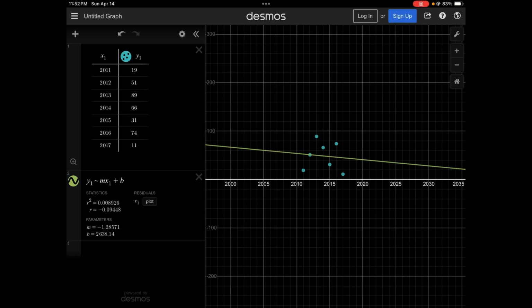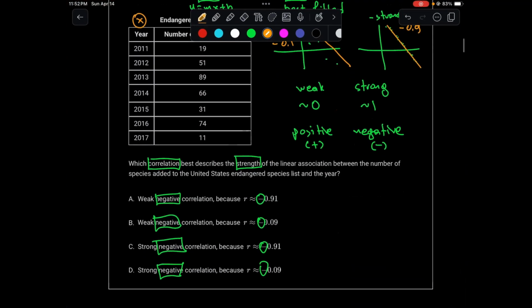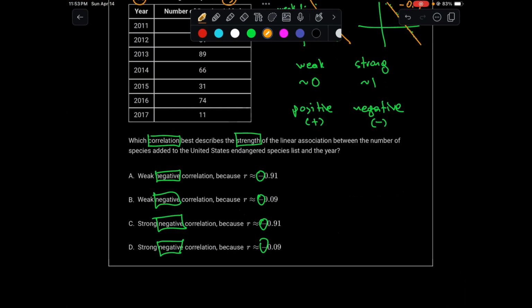We can tell that it's negative because it's decreasing. So our option here would definitely be weak and negative, and we have it between this one and this one. Now we have the exact number as well, and the exact number is negative 0.09.